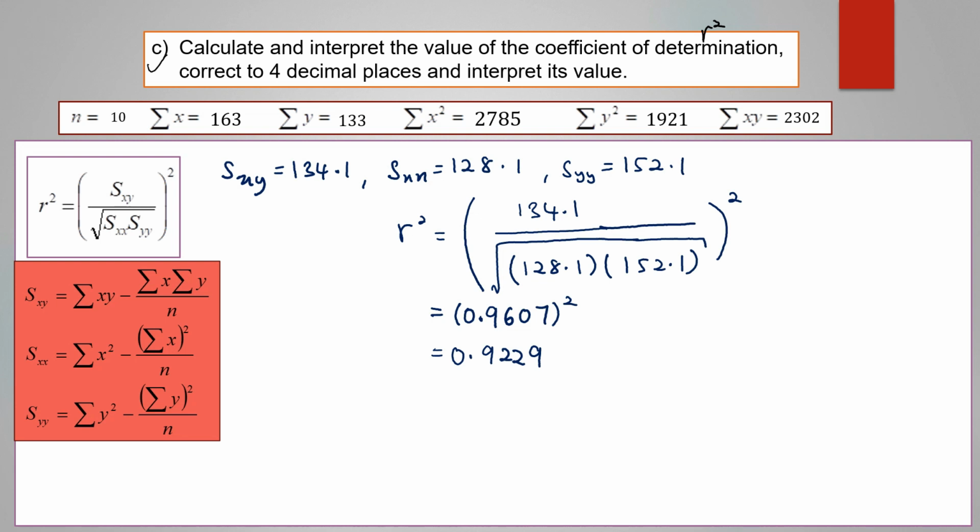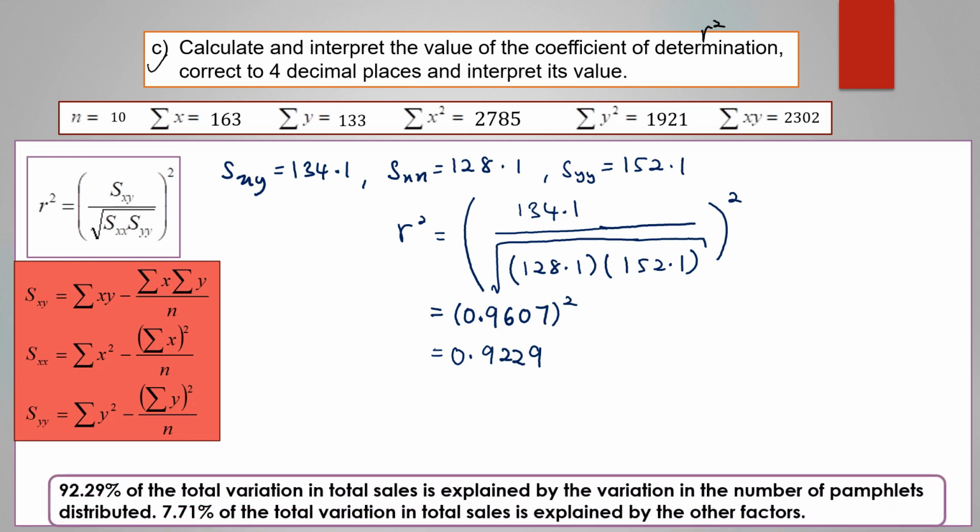So how to interpret the value of R square? The interpretation would be: 92.29% of the total variation in total sales is explained by the variation in the number of pamphlets distributed, whereas 7.71% of the total variation in total sales is explained by the other factors.